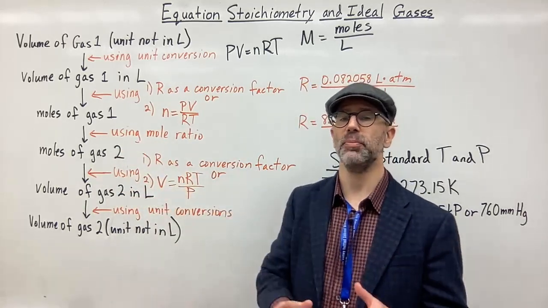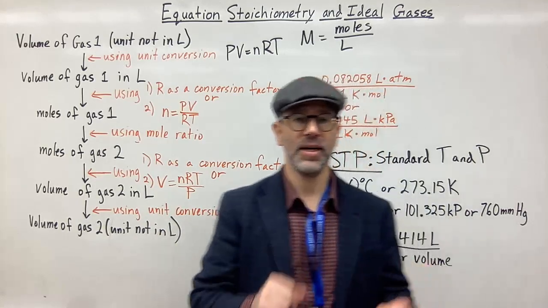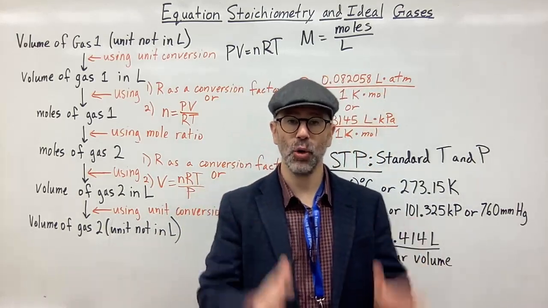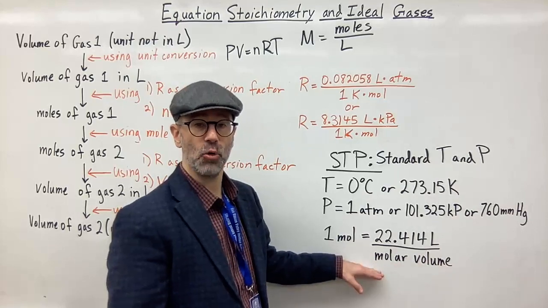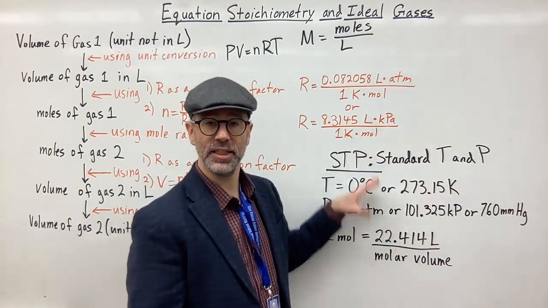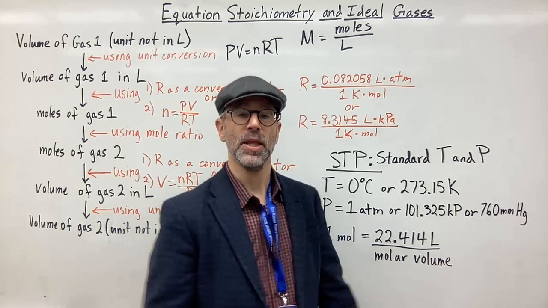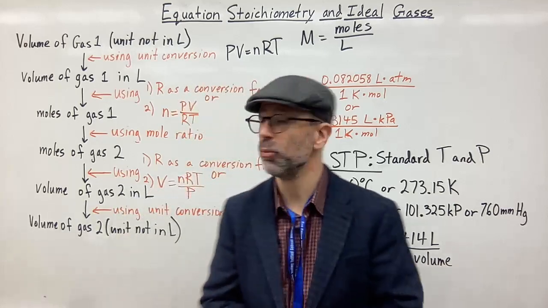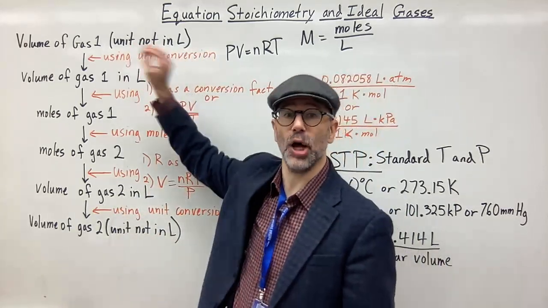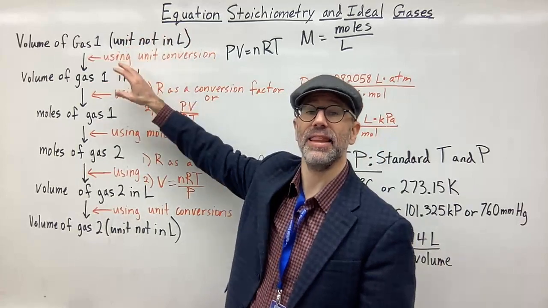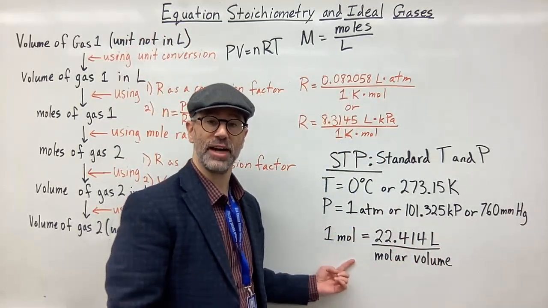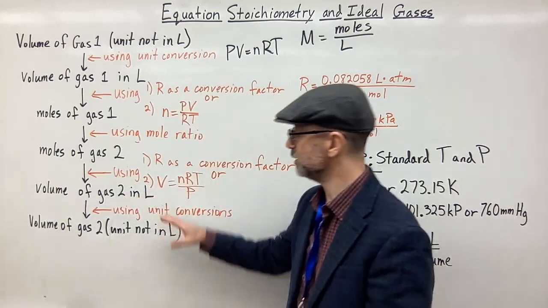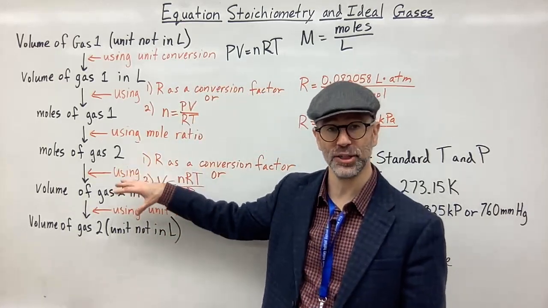Okay? But you have to pay attention to the conditions, because if those conditions don't hold, then you cannot use this, right? So this is only for standard conditions, standard temperature and pressure. So you can be given a problem where, say, gas number one is under standard conditions, and then you can use this molar volume as a conversion factor, but then gas number two is not under standard conditions.